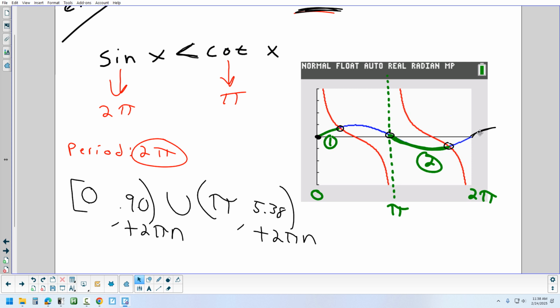So it's the same thing as shifting a single point, and now we're shifting a whole section by putting plus 2 pi n. I think the way the book does it is they do plus 2 pi n on every number. I just do it on the whole interval. I have a question. After the interval, before the U, could you add plus 2 pi n and then the U and then the next interval, or do you just want us to put it underneath?